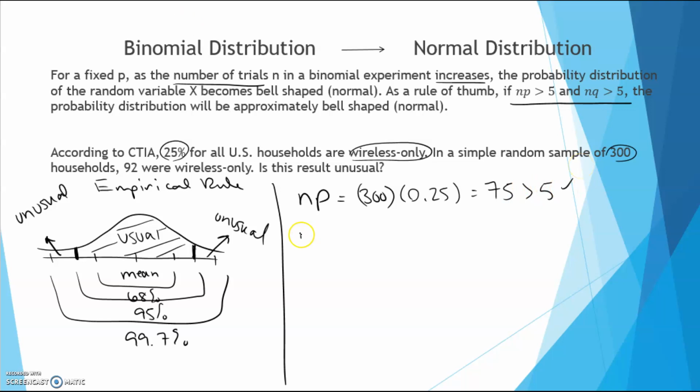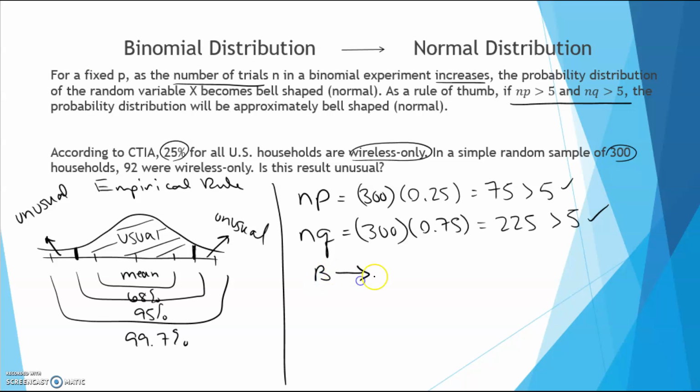That one checks out. And then N times Q, so 300 times 0.75, because remember these two have to equal 1, is 225, which is also greater than 5. So since both of those check out, that means that our binomial distribution is actually a normal distribution.